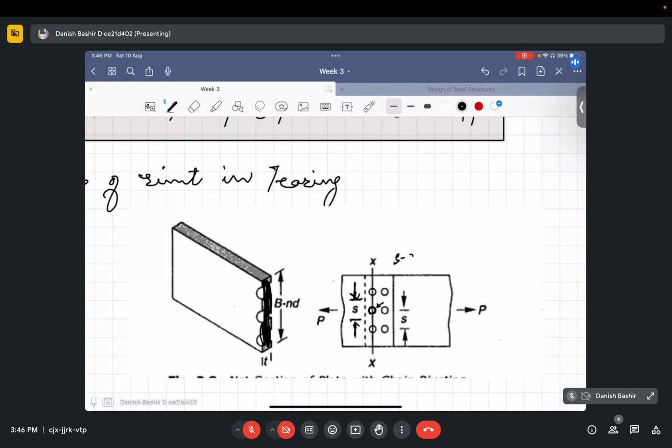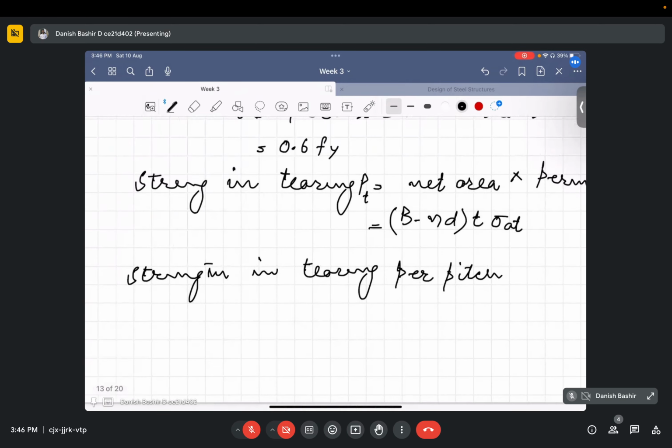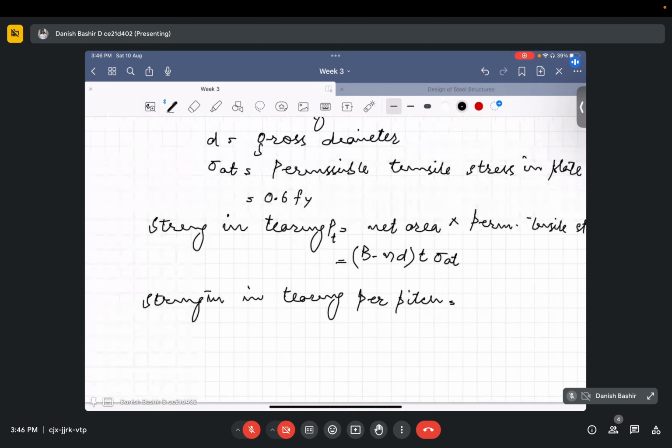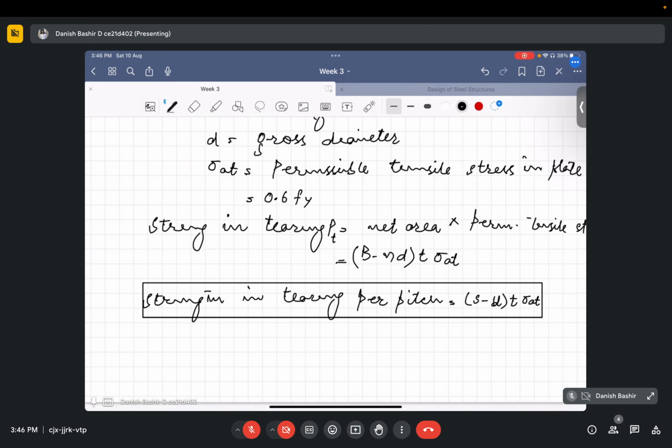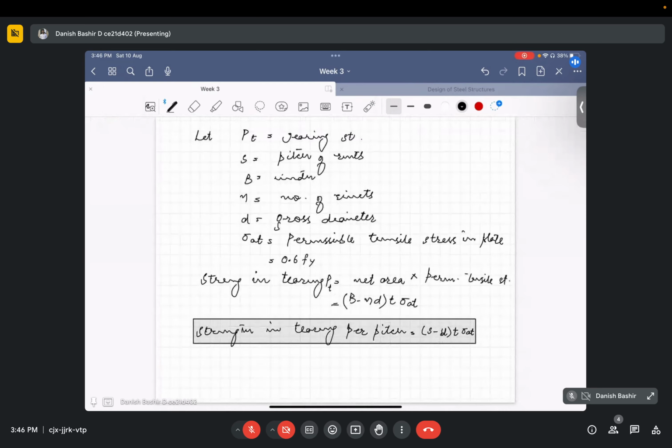So it will be S minus D times T, the total area. So what will be the strength of tearing per pitch? Out of B minus ND we have to write S, and there is only one rivet, so N will be one. S minus D times T times sigma AT per pitch. This is the strength of the riveted joint in tearing.